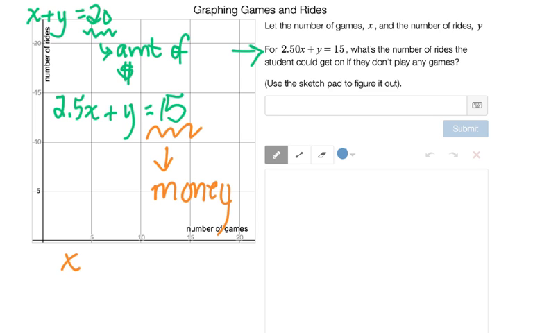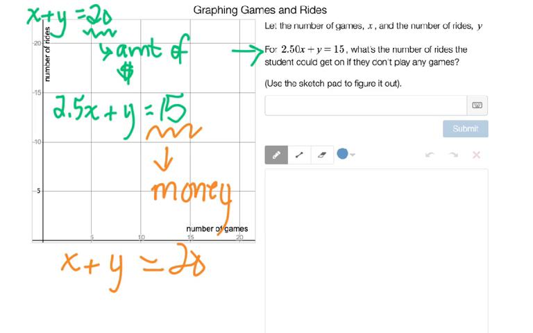Remember, x plus y is equal to 20. Remember that if I ride no rides, if I play no games, I can do 20 rides. And if I do no rides, I can play 20 games.